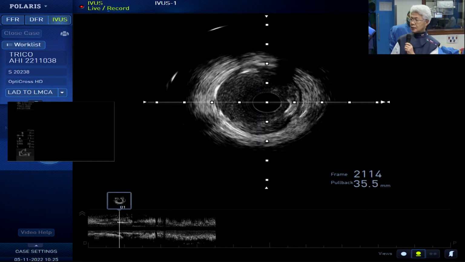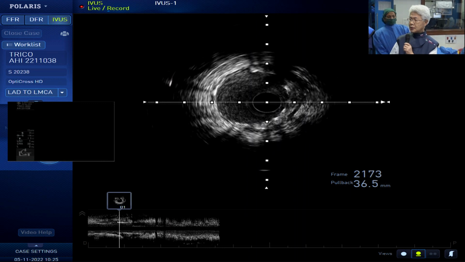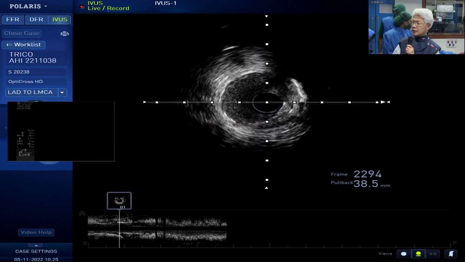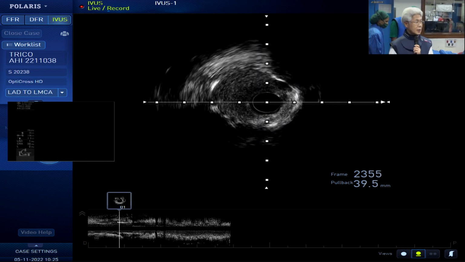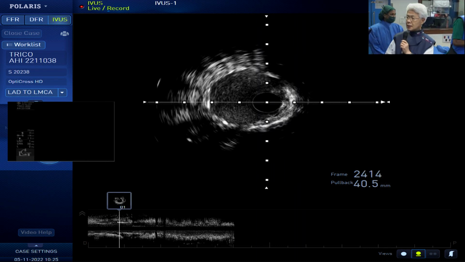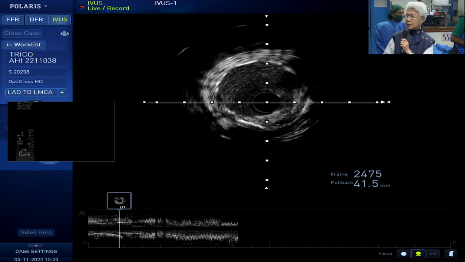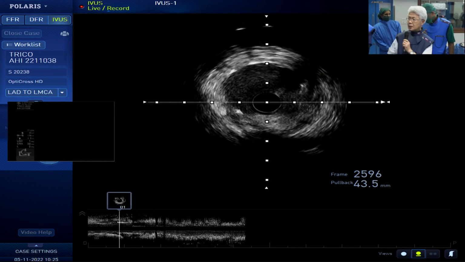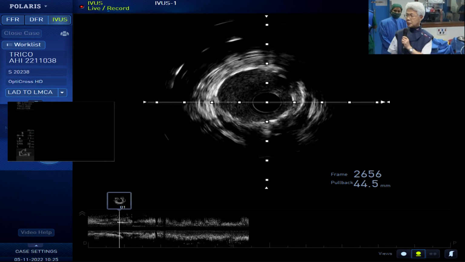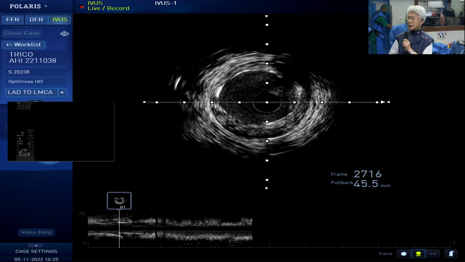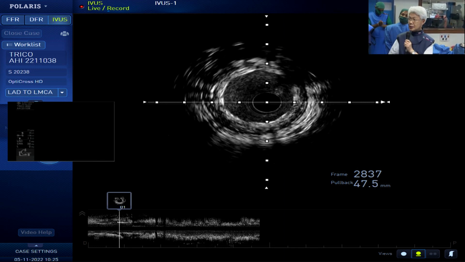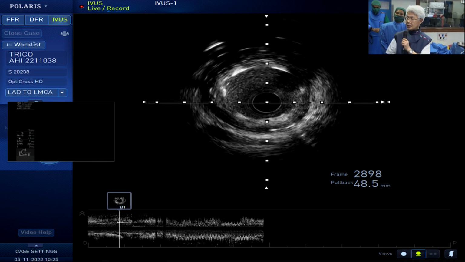And coming to the proximal site, I also want to check the left main. I see, okay. Generally speaking, expansion is acceptable, but some parts are slightly under expanded.